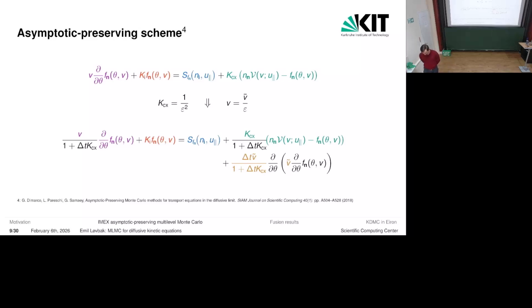But the idea is the following. We're going to use an approach, the details of which you can find in this paper here, where you take your equation and do a bunch of clever manipulations on it. I can say that because it's not my work.